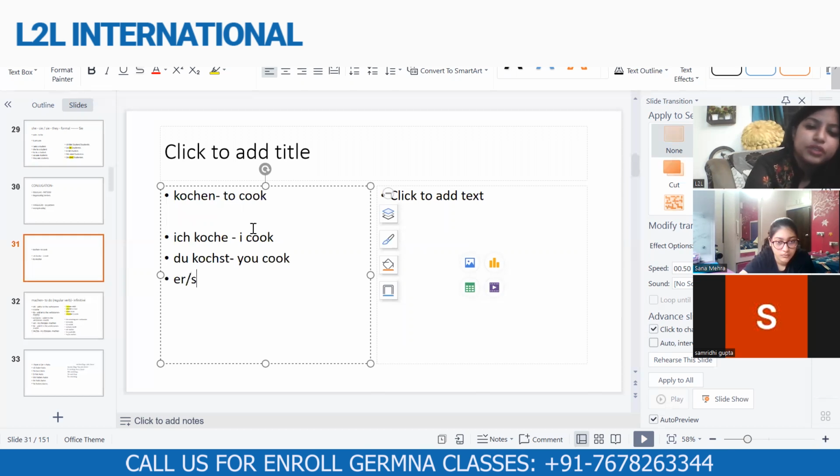Ashwin, if you have understood, can you tell me with er, sie, es? The pattern with er, sie, es, we need to add T to the verb stem. I think he is struggling with his net.